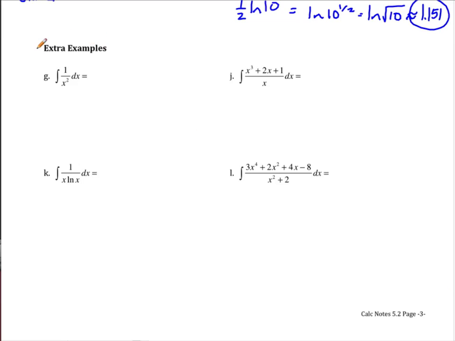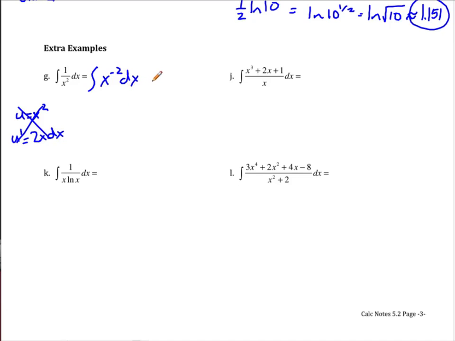And we just have a couple extra examples here. So here we have the integral of 1 over x squared dx. So let's try to let u equal x squared, and u prime would be 2x dx. Now we can never add an x in here, and so this is actually not going to work. And we've been using natural log and looking for the u prime over u, but in this case, why don't we just use the power rule?